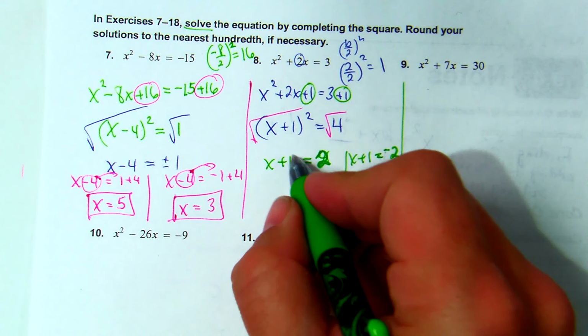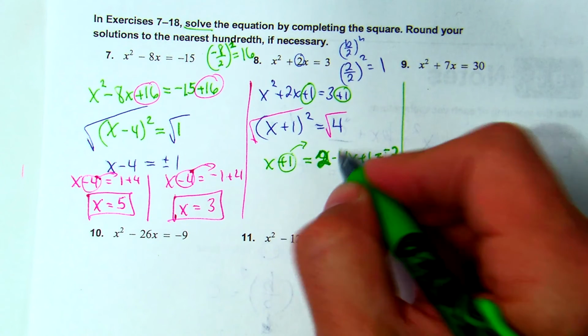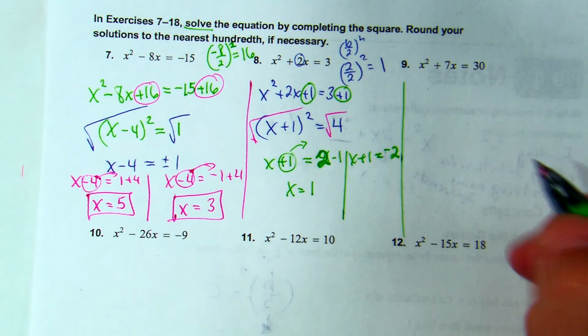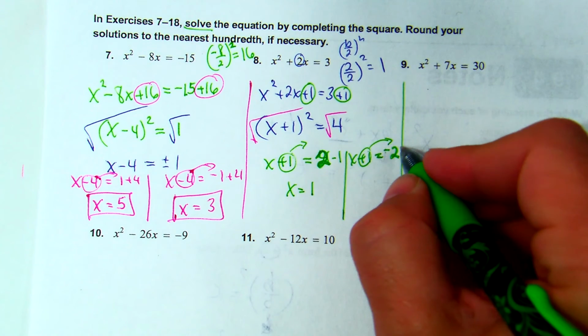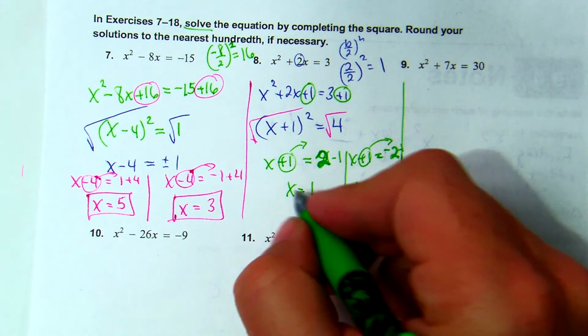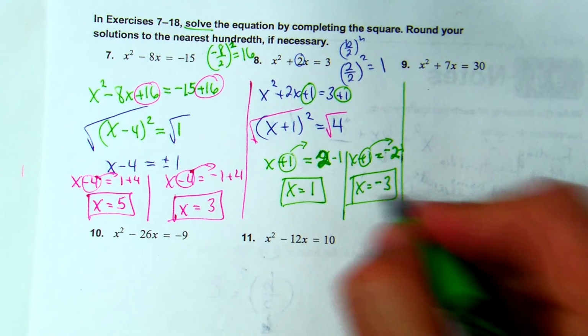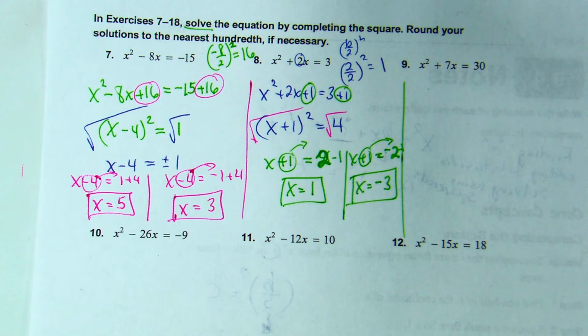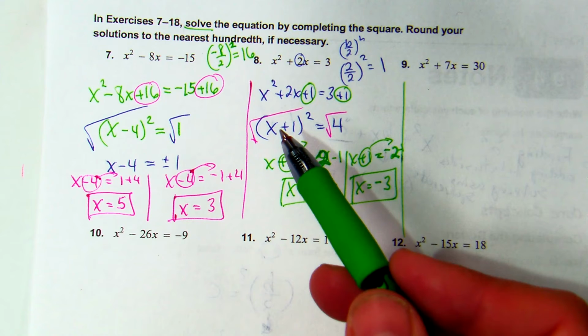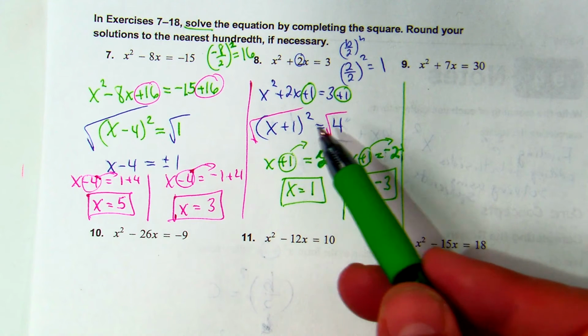So I'm going to take the 1, subtract it from both sides, so x is going to equal 1. And I'm going to take this 1, subtract it from both sides, and x is going to equal a negative 3. And those should be my 2 solutions for number 8. Okay, again, all we did was complete the square, and then we used square roots to help us solve for x.